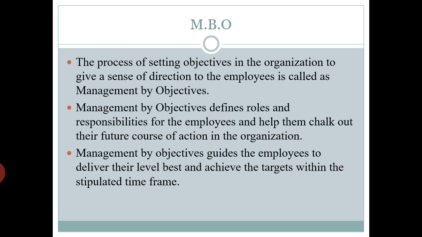Management by objectives is a strategic management model that aims to improve the performance of an organization by clearly defining objectives that are agreed to by both management and the employees.